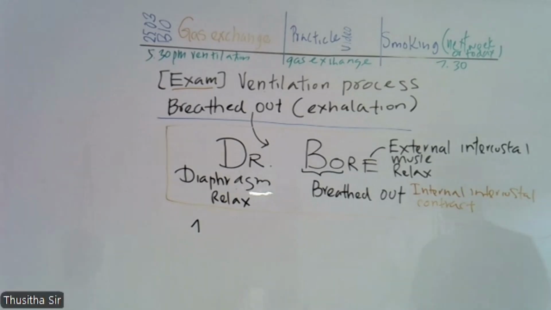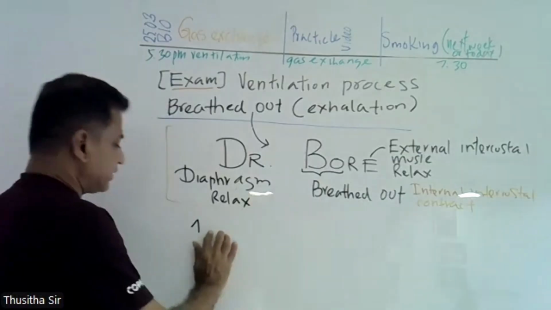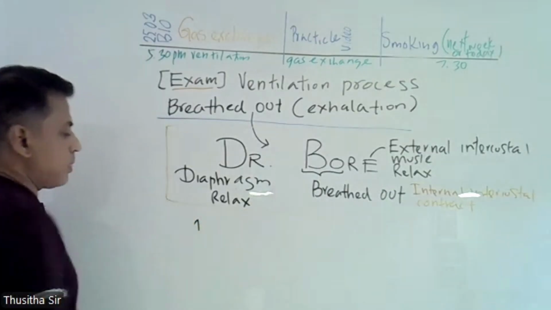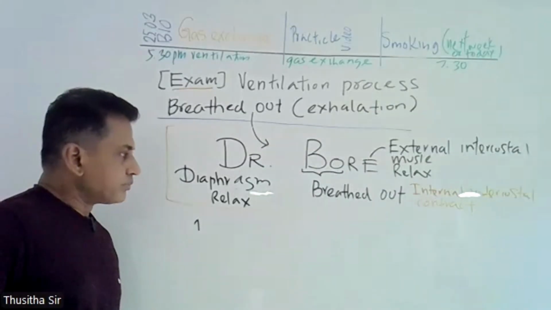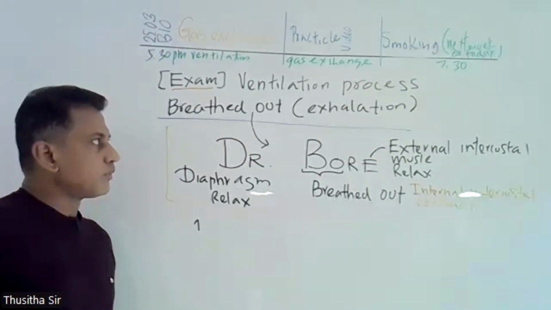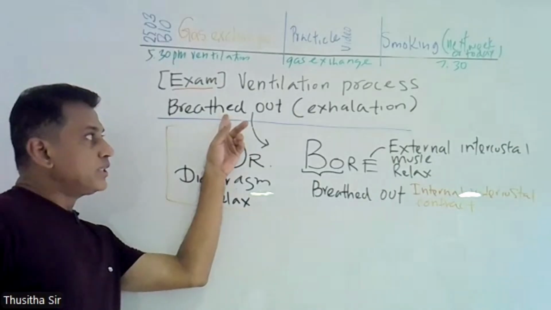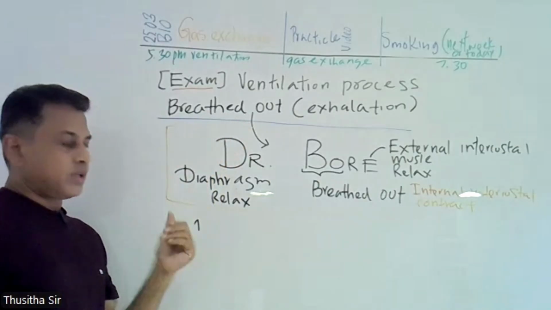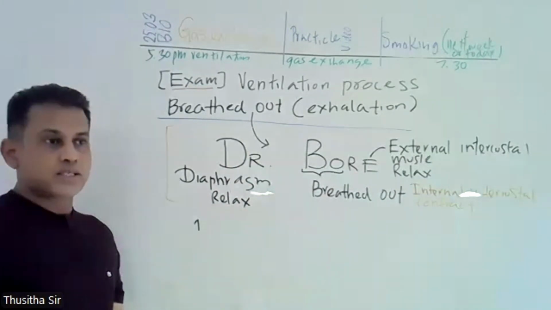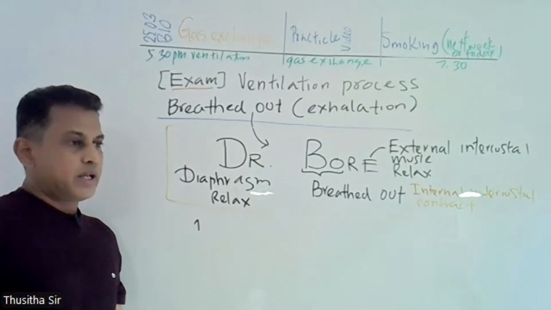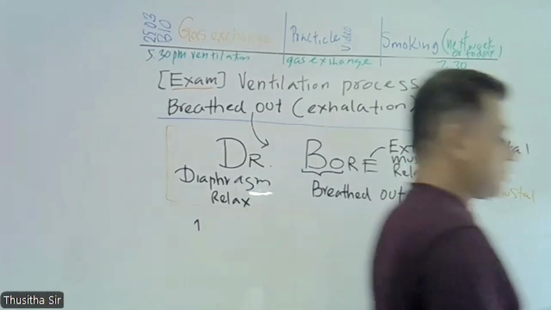Right. So we complete the process now. Number one, so breathe out. We're going to write the process. Number one, external intercostal muscle relax.